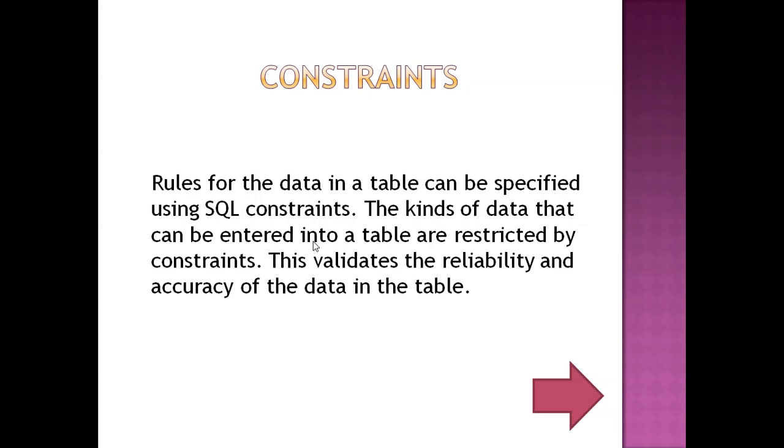If I read the definition: rules for the data in a table can be specified using SQL constraints. The kinds of data that can be entered into a table are restricted by the constraints, and this validates the reliability and accuracy of that data. So there are certain rules which you apply on your database.